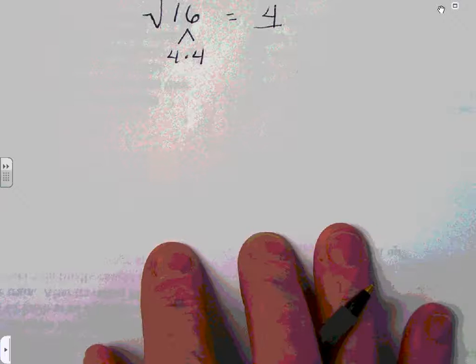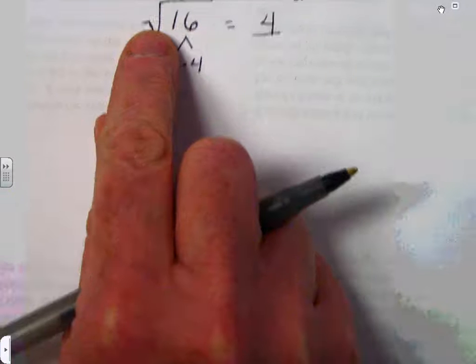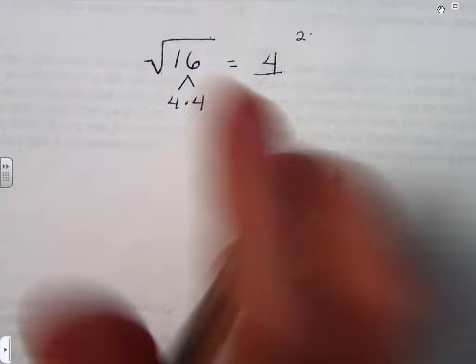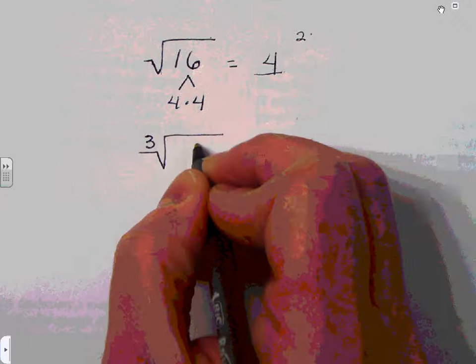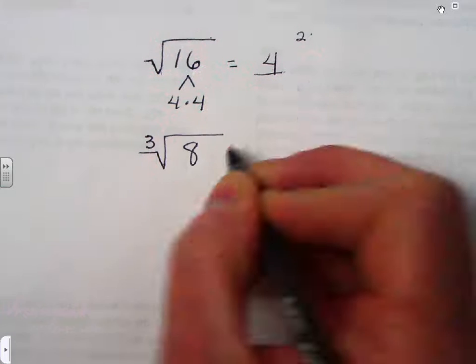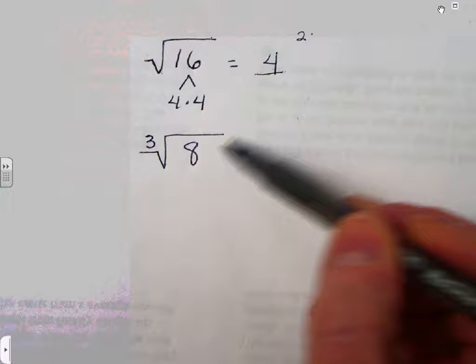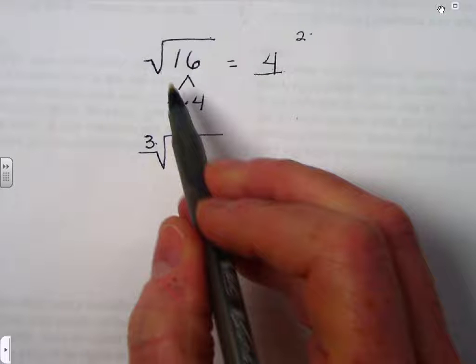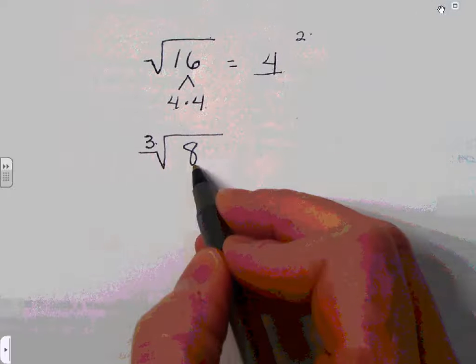But not always will it be just a square root symbol. Occasionally and frequently during this lesson, you will see a number in front of the square root symbol. Well, if this said I need 2 of them, wonder how many you need here? 3.